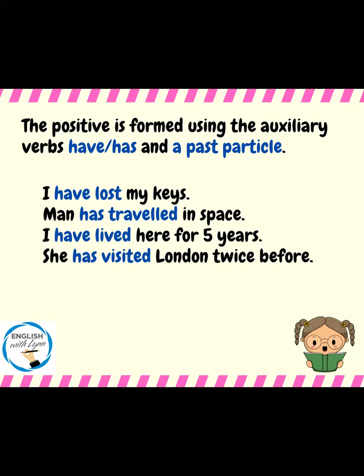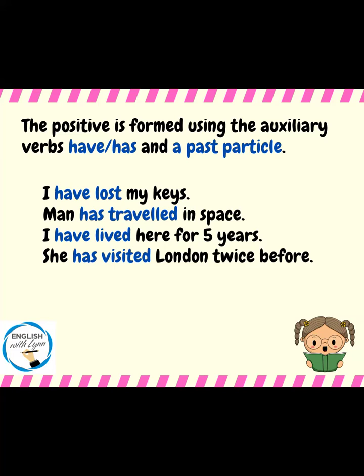And if I am looking at this, I need to know my pronouns and which of those auxiliary verbs fits with each pronoun. So if I'm talking about I, I would say I have. If I'm speaking about you, I would say you have. If I am speaking about he, she, or it, so the third person, or someone's name, then I would use has. And if I am using they or we, I would use have.